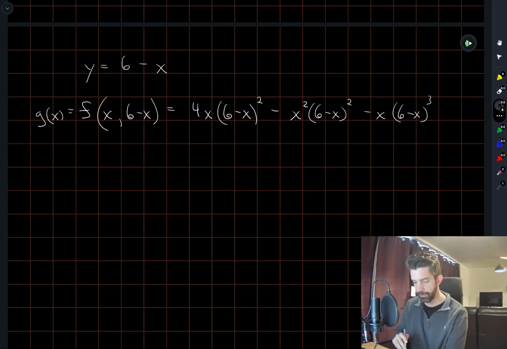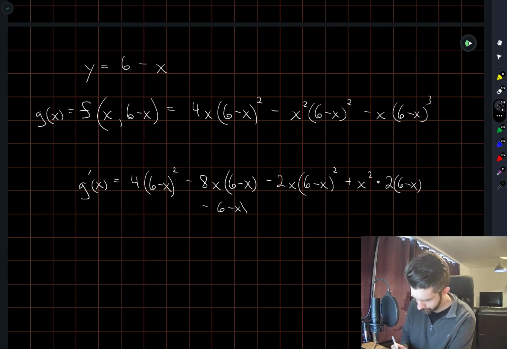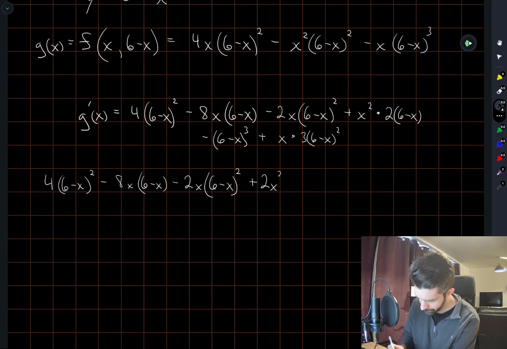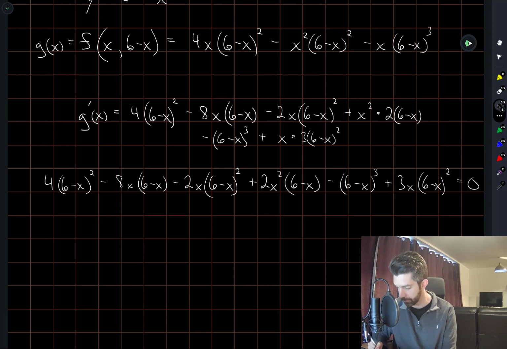So this is the value of the function along the slanted diagonal part of the triangle, as it depends on the x coordinate. So I'm going to set this equal to 0 and solve for x, but I'm going to allow myself to cancel off a 6 minus x everywhere. I know that when x is equal to 6, y is equal to 0, and I know the value of the function there already. It's equal to 0.